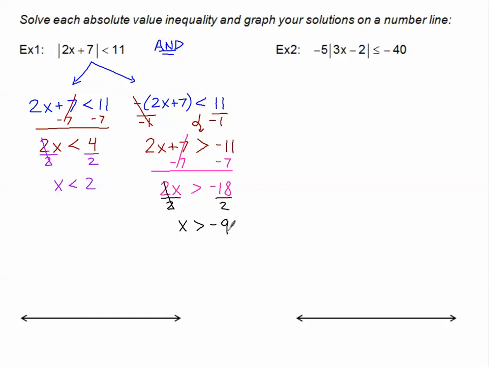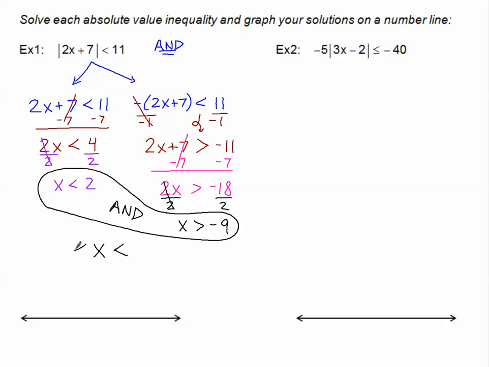So I'm talking about all the answers that are less than 2 and all the answers that are greater than negative 9. That is my set of answers. Now I can write it a little bit cleaner than that. When it's an "and" statement, that means that x is in between two numbers.